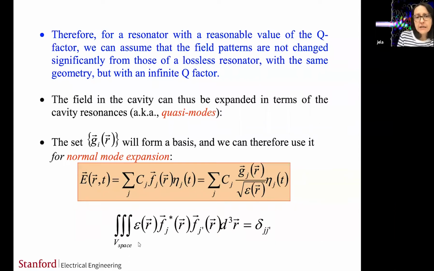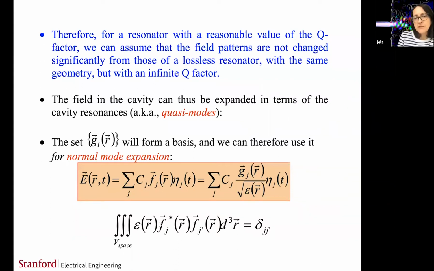Just the final comments on that. If you do normal mode expansion, you will still be able to expand in terms of the normal modes. But the spatial variation of these normal modes would satisfy an orthonormality condition, which is somewhat different from the regular definition of orthonormality in math, because you have this extra epsilon term here.